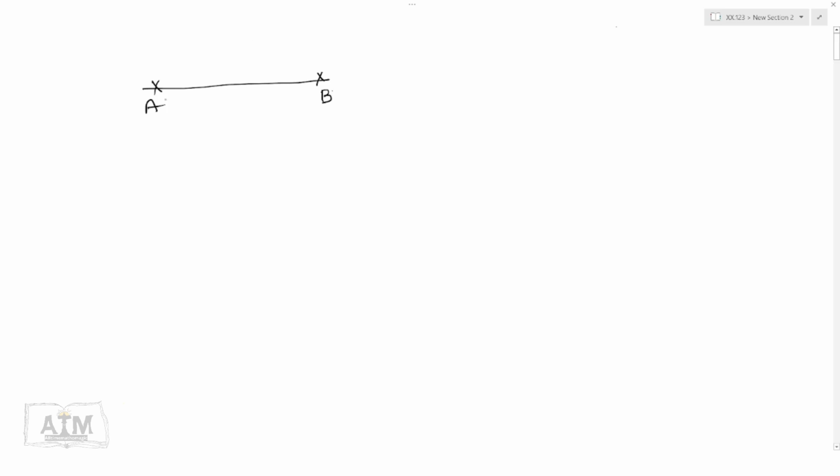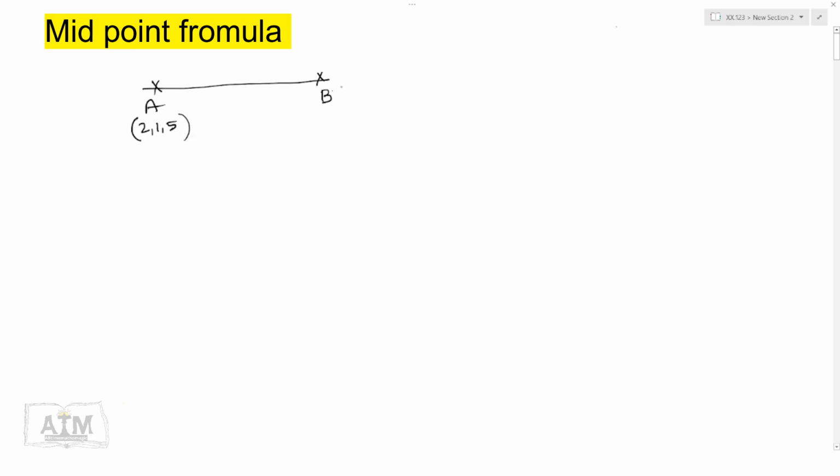Suppose we have two points, point A and point B, and the coordinates of point A are 2, 1, 5, and the coordinates of B are 1, 3, 4. Let M be the midpoint.